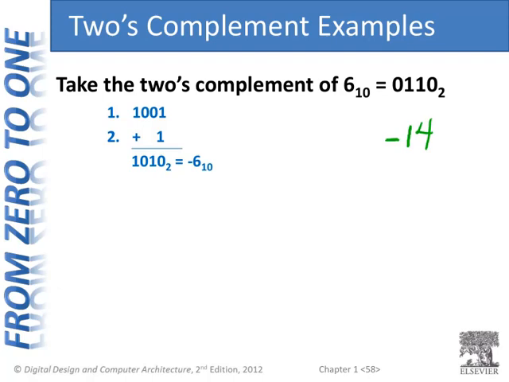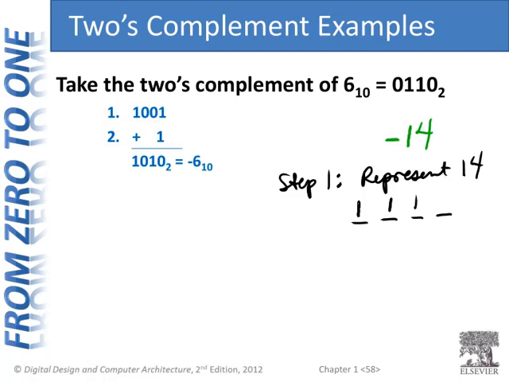I can start first by representing just the magnitude, 14. Well, let's see. 1, 2, 4, 8 doesn't have a 16 in it. It has an 8. 14 minus 8 is 6. So I'm going to get a 4 and a 2. I'm doing that quickly, but I would recommend writing it out by hand.